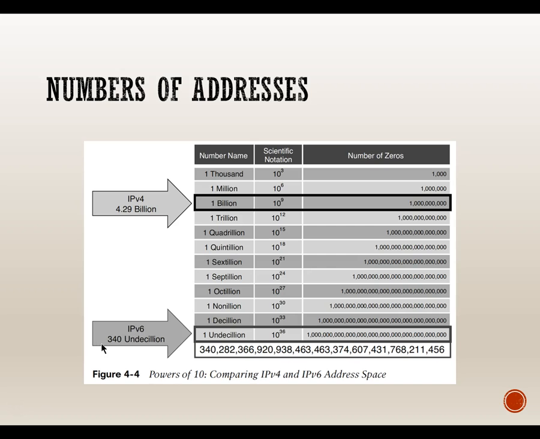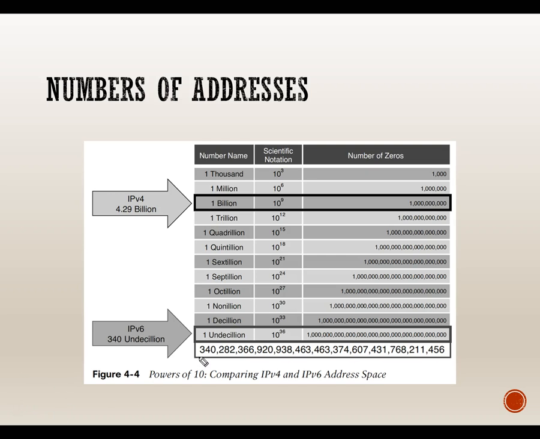And in IPv6, 340 undecillion, and you can see the size of that number down here in the 340 on down the line. So we have a substantial number of addresses available in IPv6.